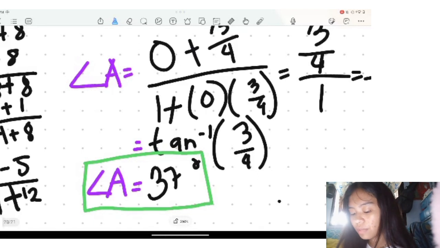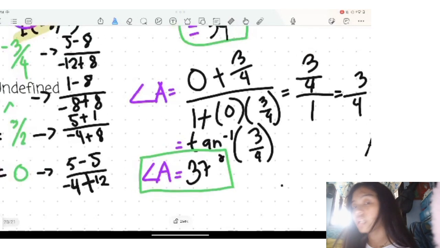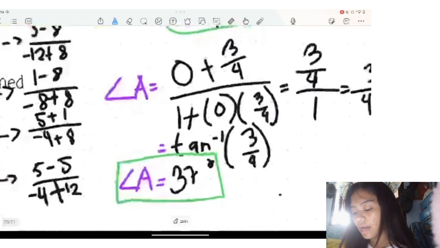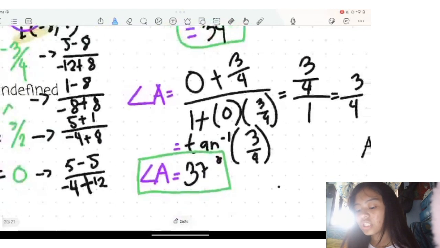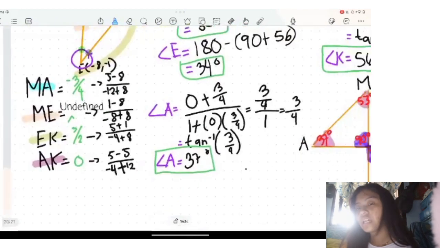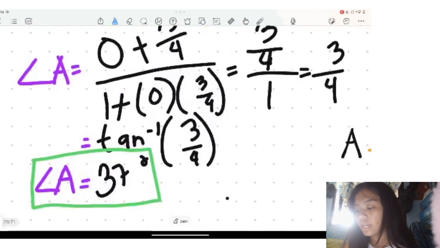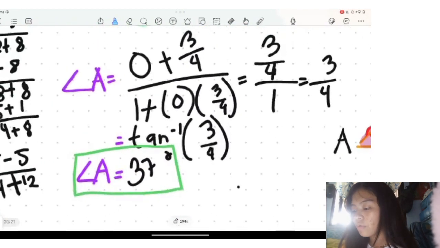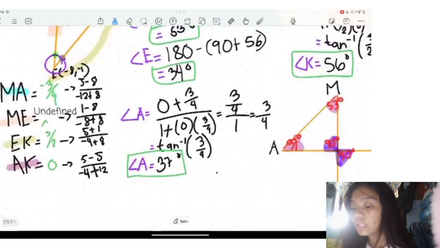And kung ano yung lalabas na sagot sa calculator is ayun yung pinaka-angle niya, which is 37 degrees. Kapag negative ang lumabas, ipa-plus lang siya sa 180 dahil bawal ang negative na angle.